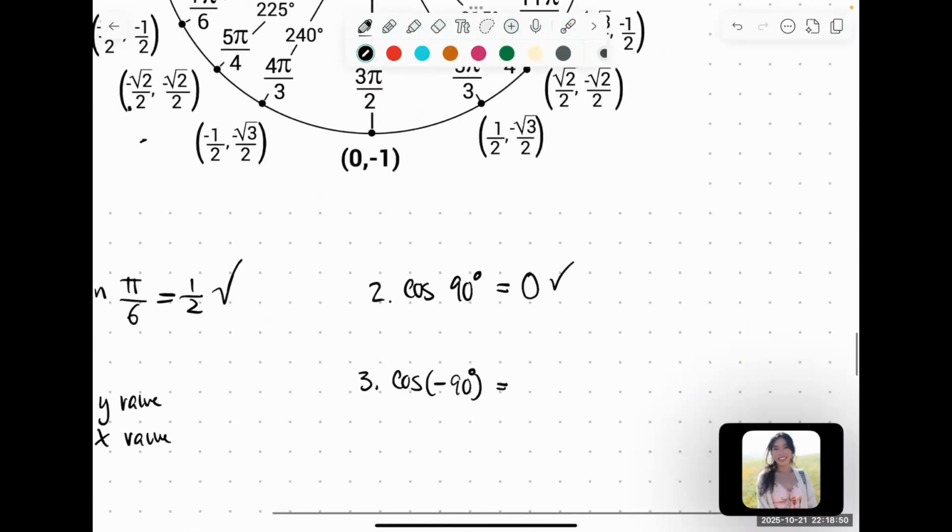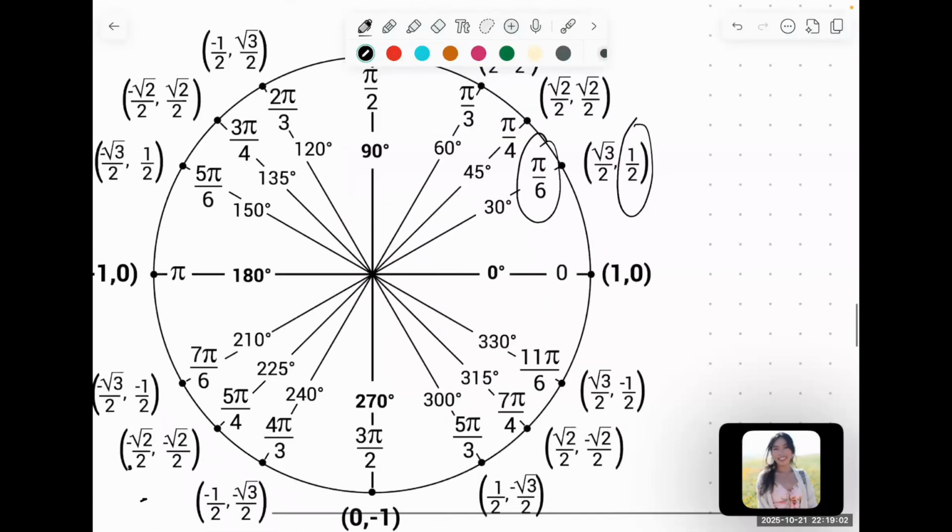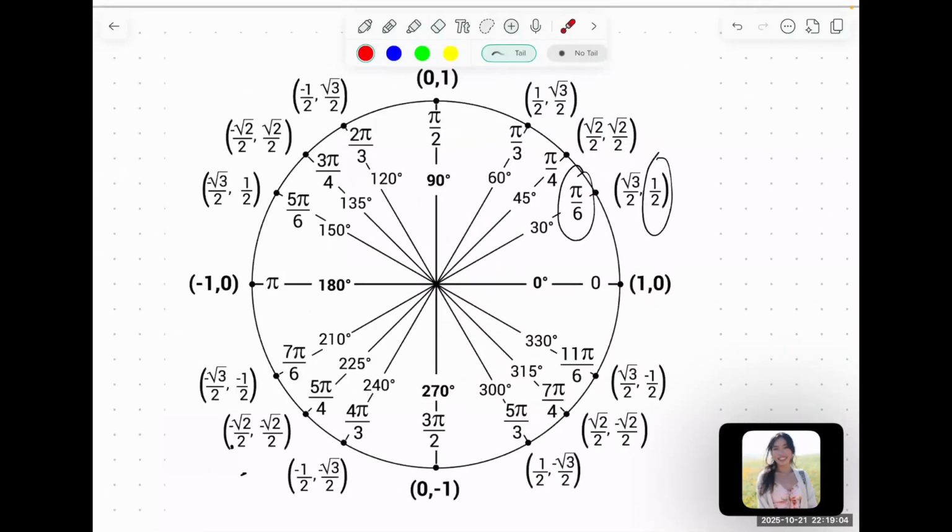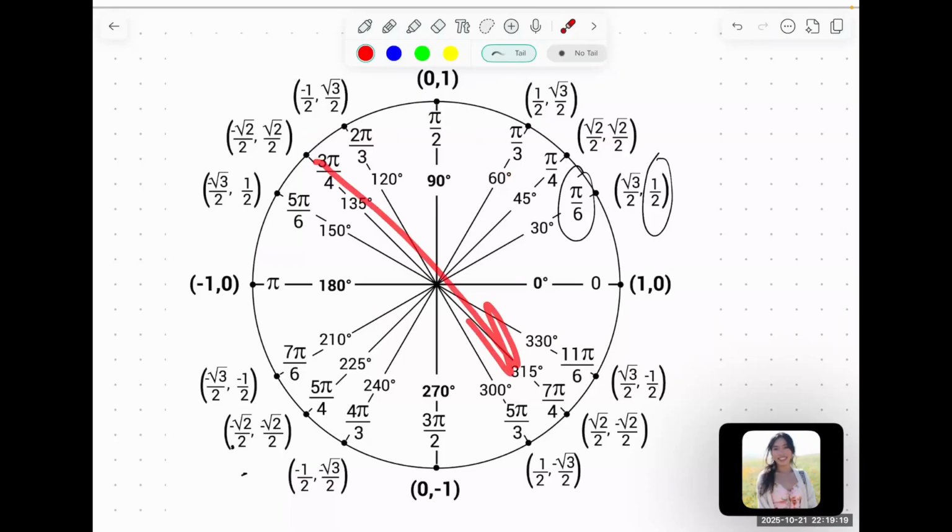And then for cosine, we're looking at our x value, and that is also 0. And that's our answer. So that one seemed pretty easy, but if you ever get one that wants you to find the negative value of like 135 or 60, all you do is go to the opposite side, and that's where your answer will be.